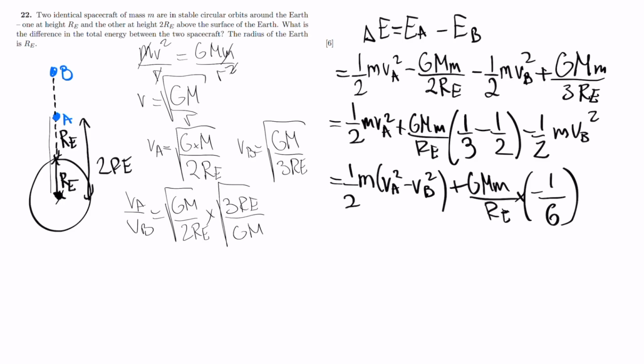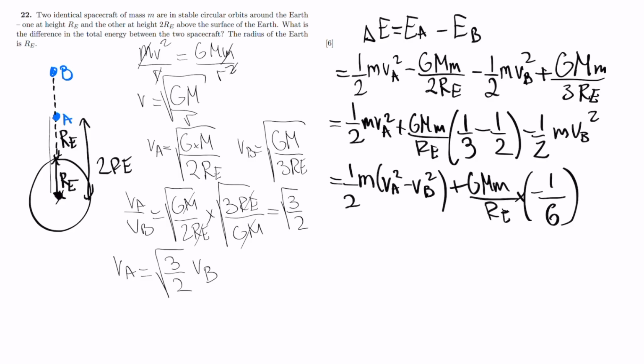Now, pretty much everything is going to cancel except for those factors. So we get that vA over vB is just given by the square root of 3 over 2, which means that vA is equal to root 3 over 2 multiplied by vB.